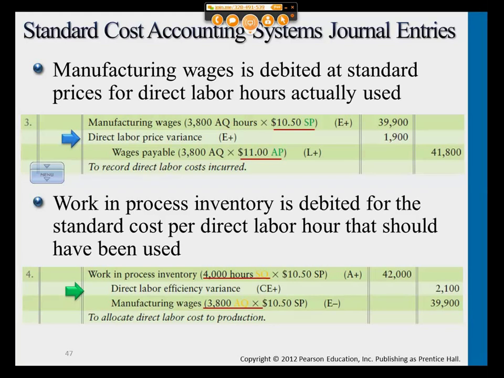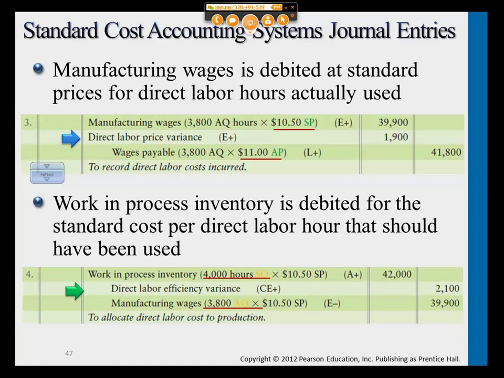Is that favorable or not? It's not, and yet where am I putting it? So it depends on the context, right? But what you need to do is follow your entry rules. Just follow the general notion of how you put the entry, right? So direct labor price variance is 1900, and it's debited.